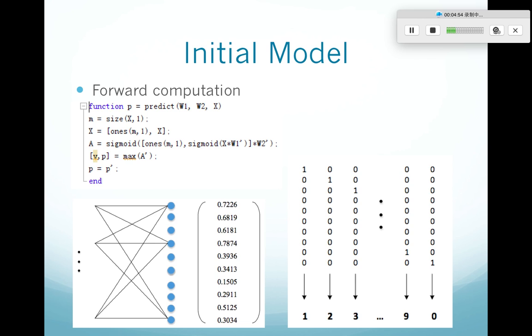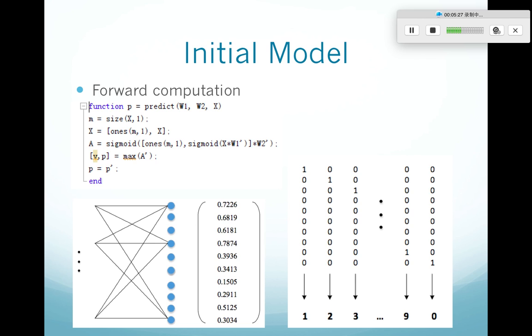Then is the forward computation. We can see the left picture below, this output is computed with the initial weights, and we will use the backpropagation algorithm to reduce the error energy by iterations. As indicated in the previous part, the output value is from the interval 0 to 1.